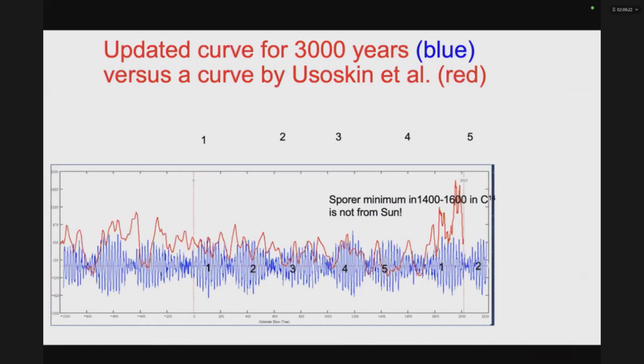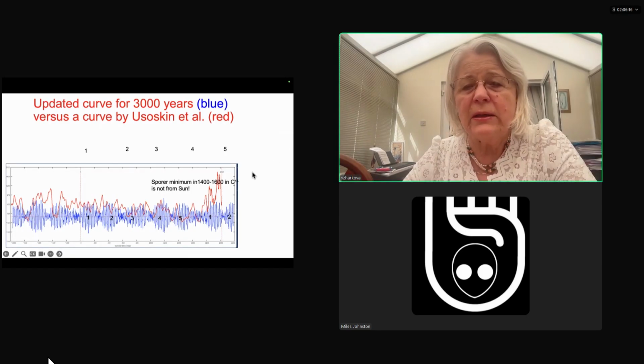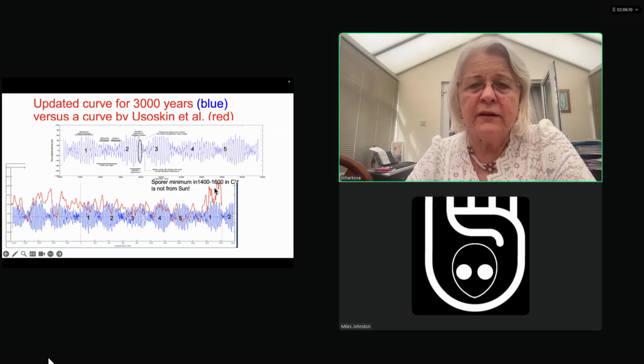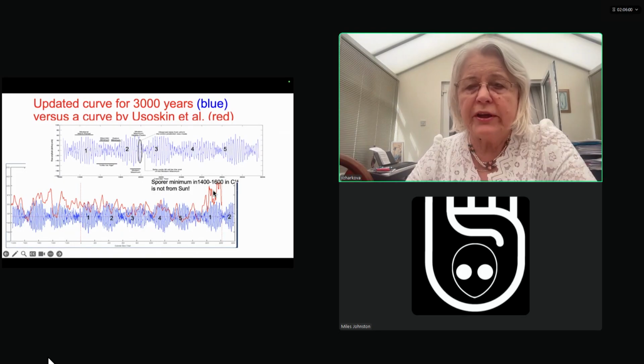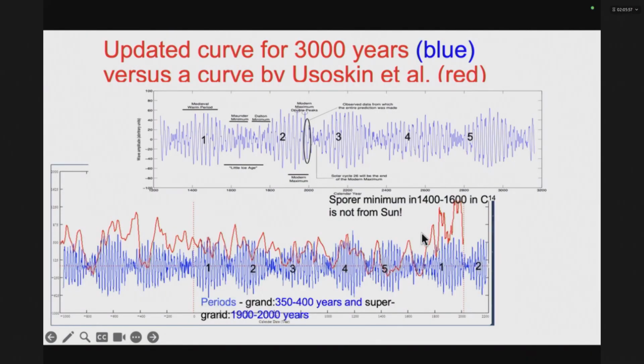So we compared our curve with the solar activity derived from carbon-14 in the terrestrial biomass, the wood and leaves and others, shown by the red curve, which shows all the cycles which they observe.